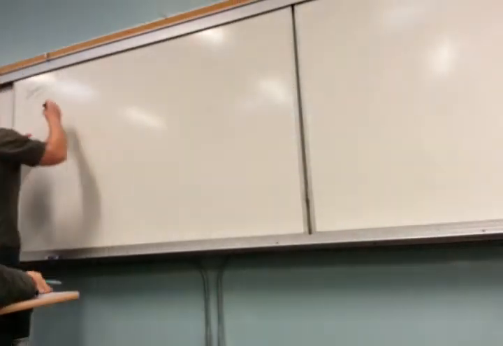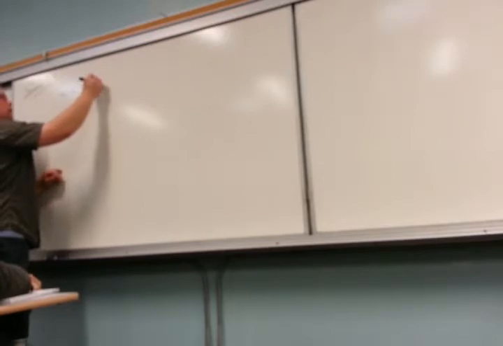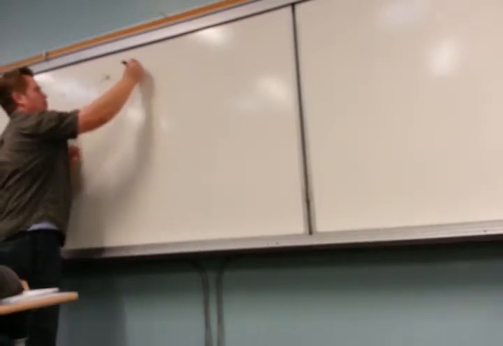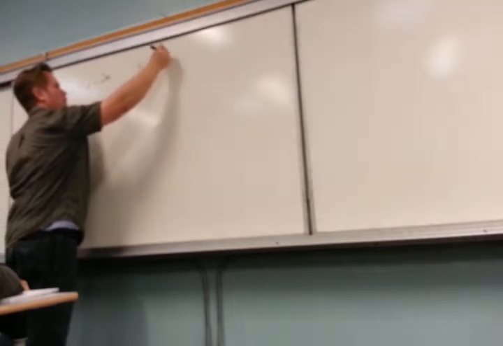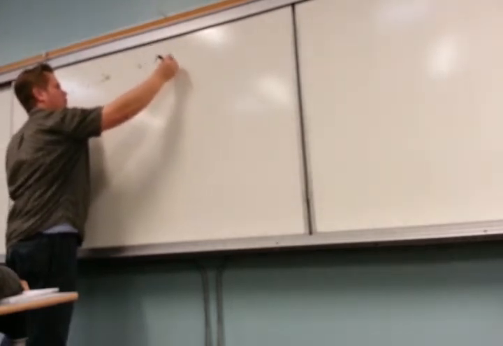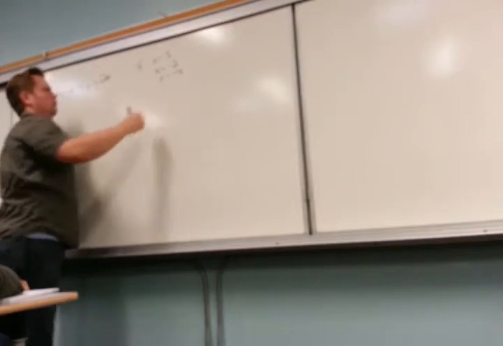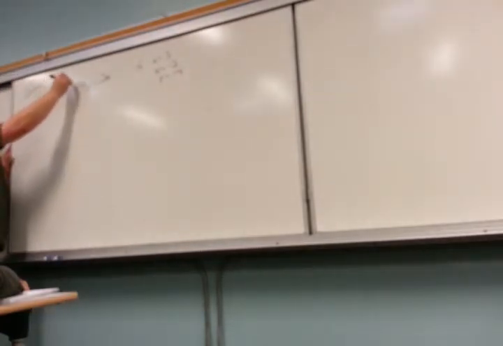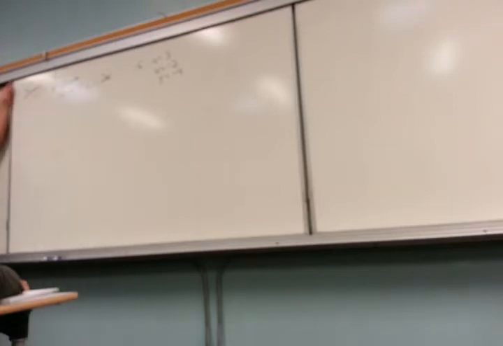And I think I also did something like this here. So this would say something like evaluate this if a is 3, x is negative 2, y is negative 4.